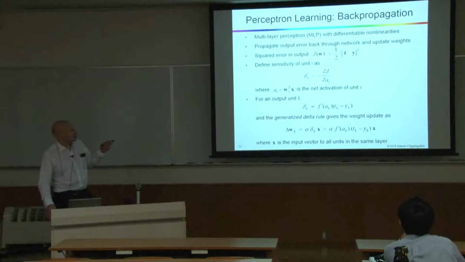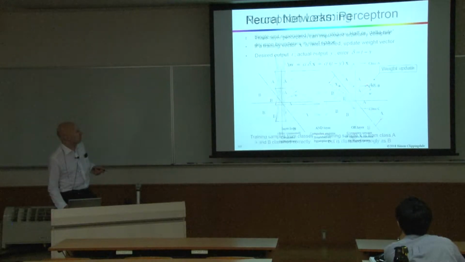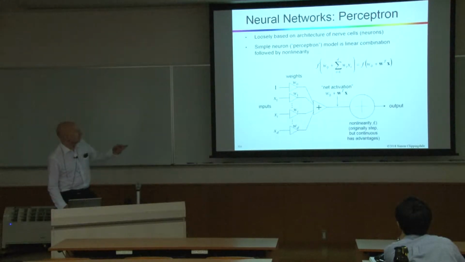Now we define a thing called the sensitivity of the ith unit as delta i. I've deliberately chosen delta for this for reasons which will become obvious, and that is minus the partial derivative of the error with respect to a_i, which is the activation of the ith unit, which we spoke about back here. That's the signal in this unit before it goes through the nonlinearity.